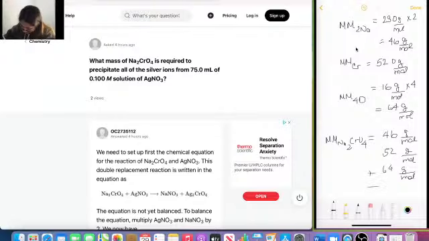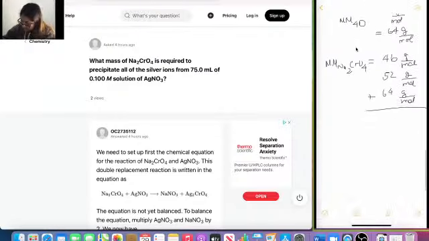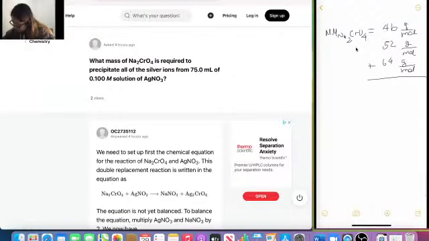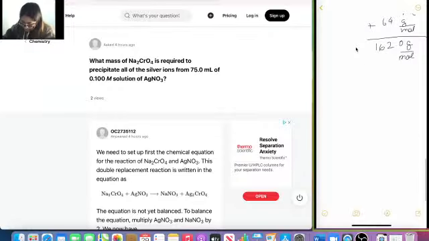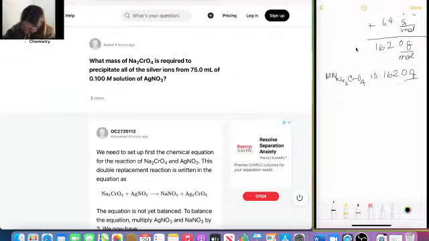If I add 46 plus 52 plus 64, you get around 162.0 grams per mole. So basically the molar mass of sodium chromate, Na2CrO4, is 162.0 grams per mole.